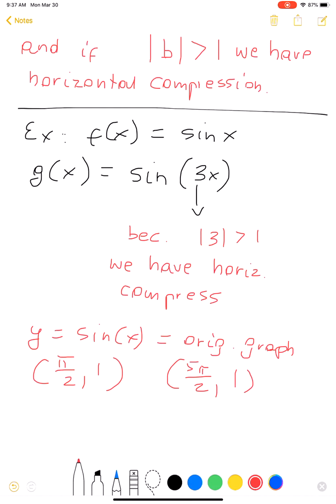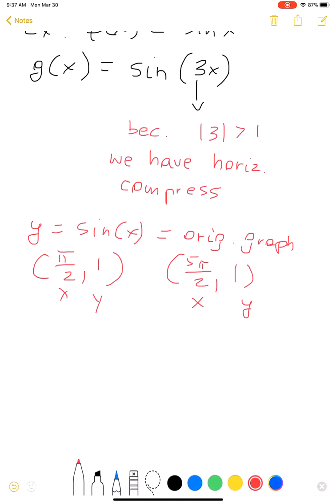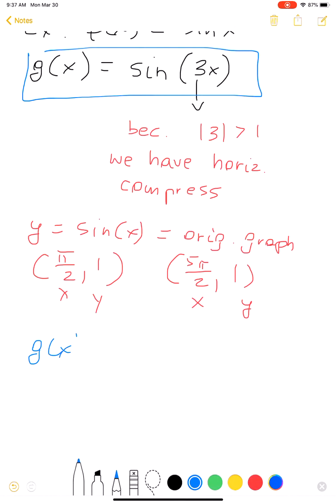So those are the original points, x, y, and because we have horizontal compression, g of x, which equals sine of 3x, is a horizontal compression.